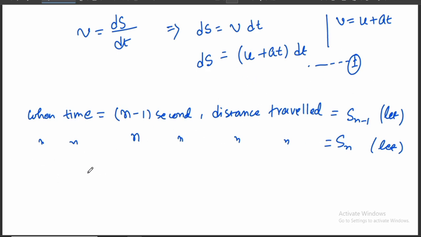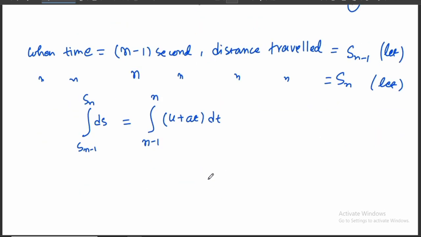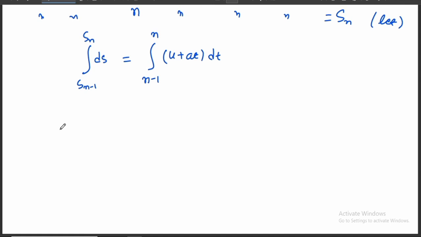So it will be integration from Sn minus 1 to Sn of ds equals, time is n minus 1 to n, of (u plus at) dt. Now integration of ds is s, and the limits are Sn minus 1 up to Sn.